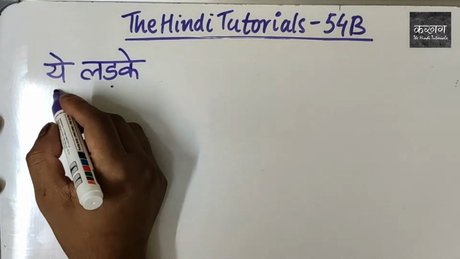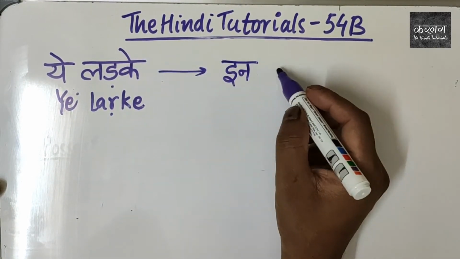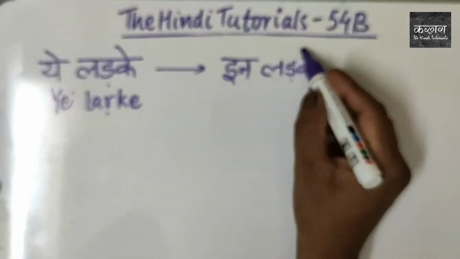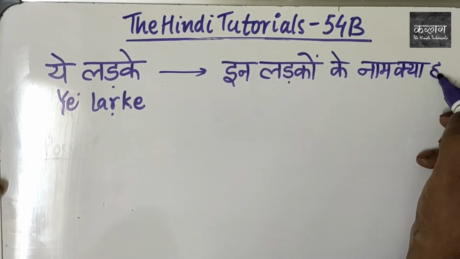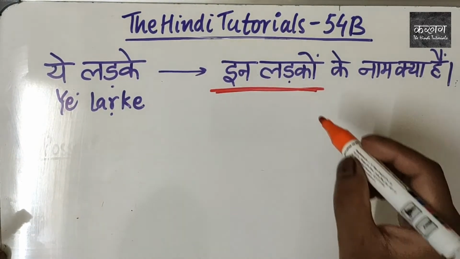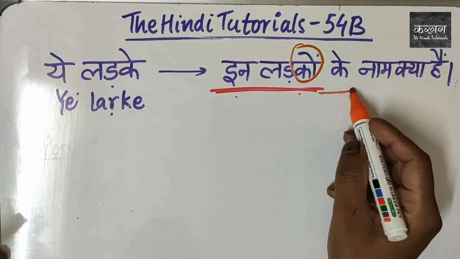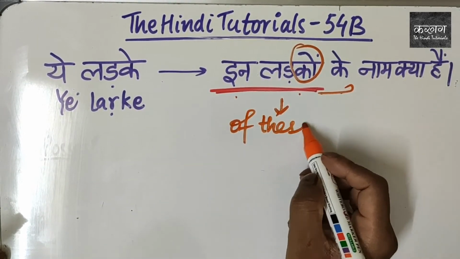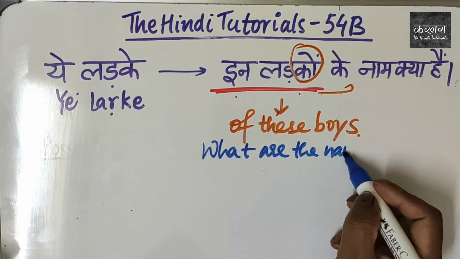ये लड़के, these boys. In the oblique case, I would say इन लड़कों के नाम क्या हैं? In plural, the oblique case always ends with on. इन लड़कों के, of these boys. इन लड़कों के नाम क्या हैं?